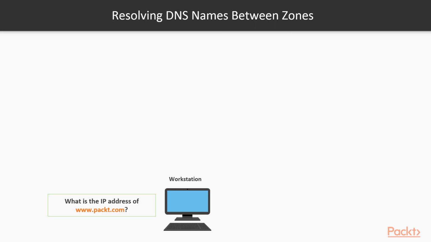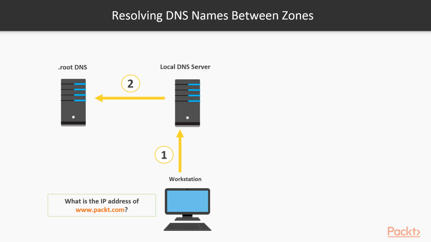A workstation queries the local DNS server for the IP address of pact.com. If the local DNS server does not have the information, it queries a root DNS server for the location of the .com DNS servers. Then the local DNS server sends a query to the .com DNS server for the location of the pact.com DNS server.